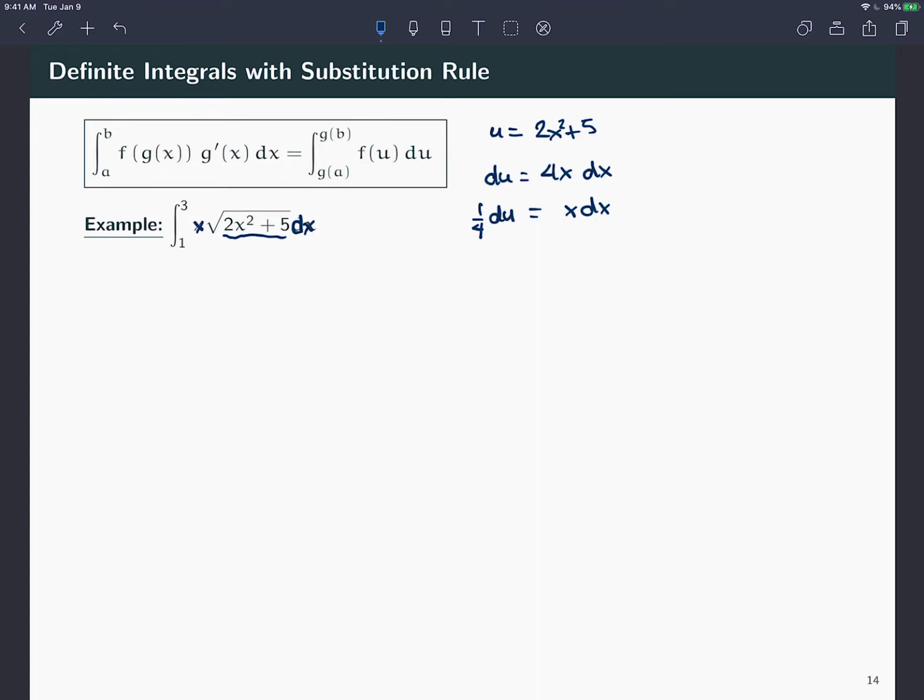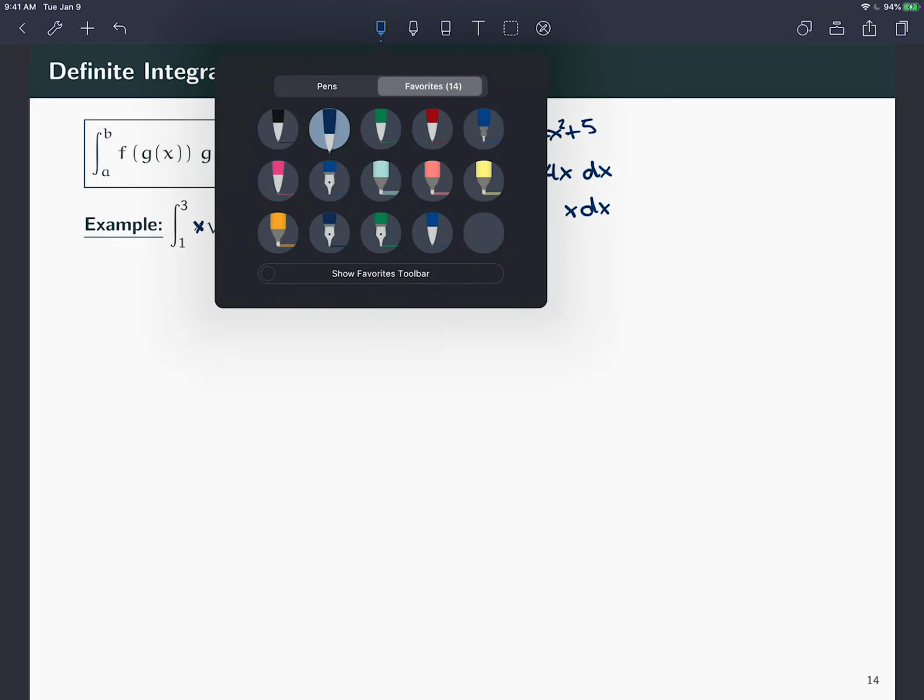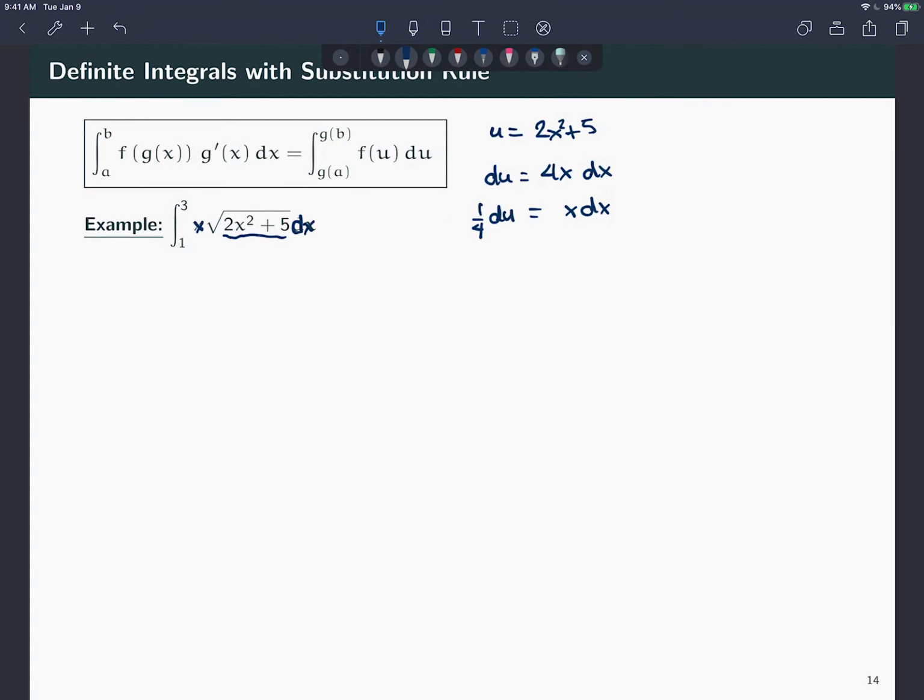And then I'm going to evaluate this integral. I'm going to have two methods. First, method 1, in which I change the limits of integration, because I want to write this now in terms of u.